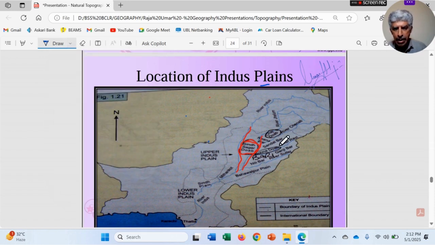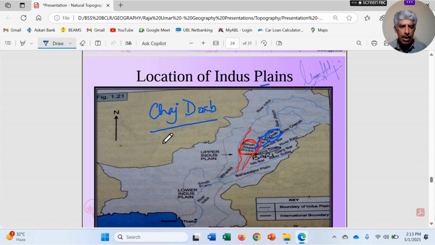The next one, between river Chenab and river Jhelum, is known as Chaj Doab. It is very easy to learn and memorize between which two rivers this particular Doab is.